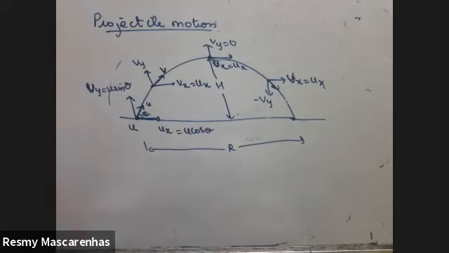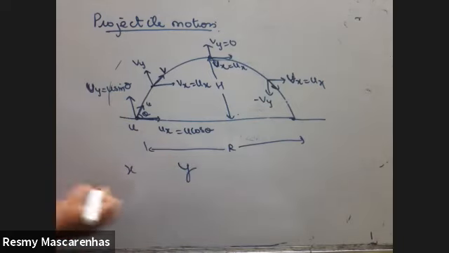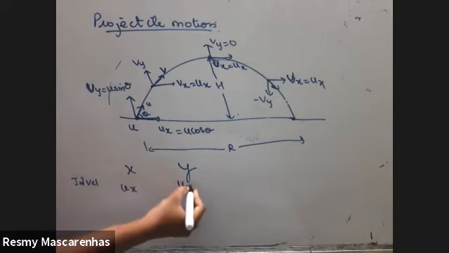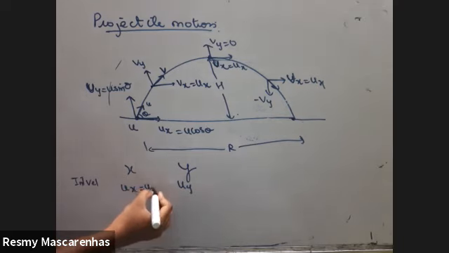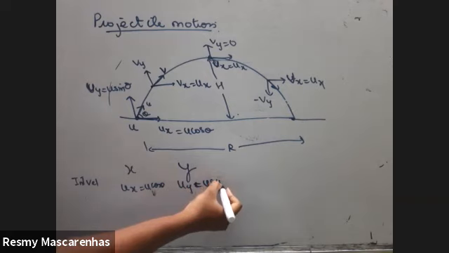Okay, and then we had derived some formulae. And then acceleration. So we had seen the x component and the y component. This is for the initial velocity. This is ux, and this was uy, which is u cos theta and u sin theta.